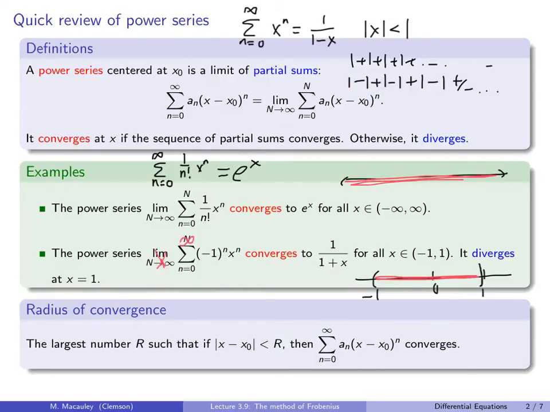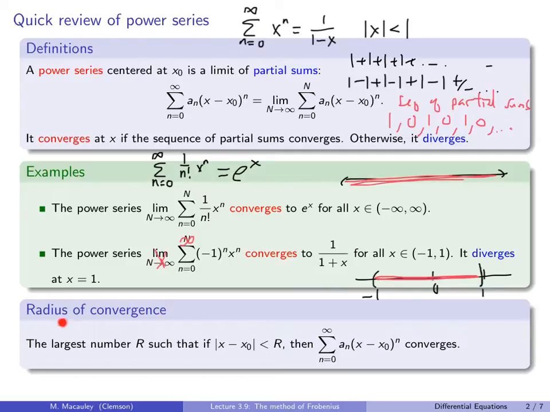The third partial sum is +1. So the sequence of partial sums is 1, 0, 1, 0, 1, 0, and this sequence diverges. So this is going to diverge at -1, and this thing here, for the same reason, diverges at x equals +1.